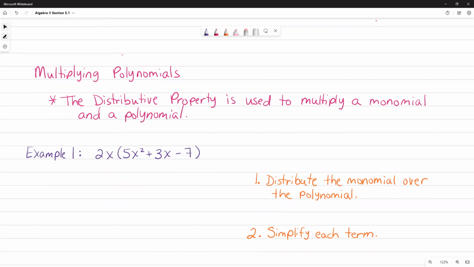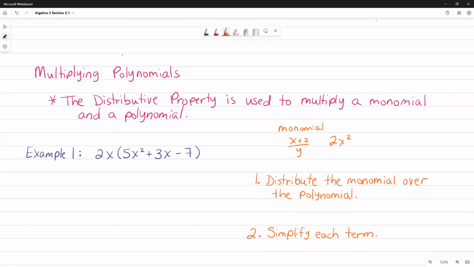One term, right? A monomial is one term, as long as the constants and variables are being multiplied or divided by each other. It could be just 2x squared, right? That's one monomial.